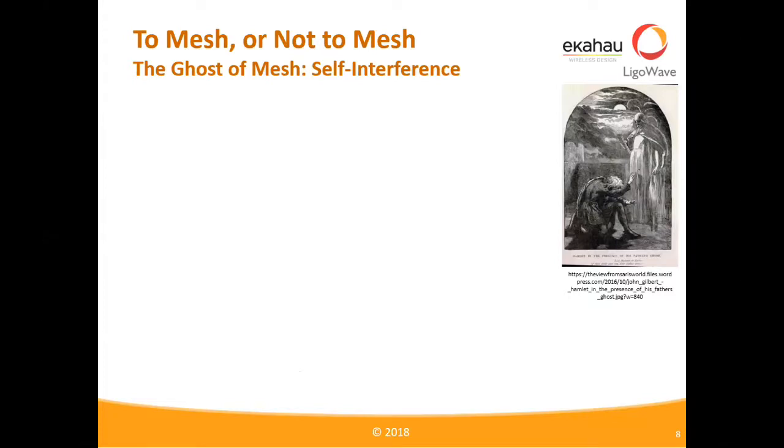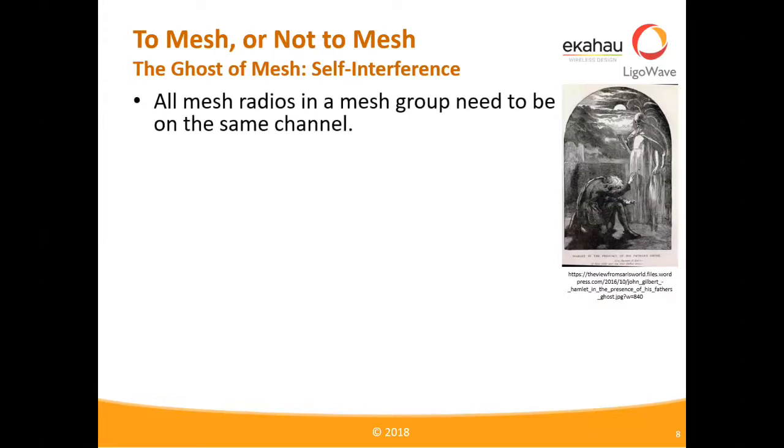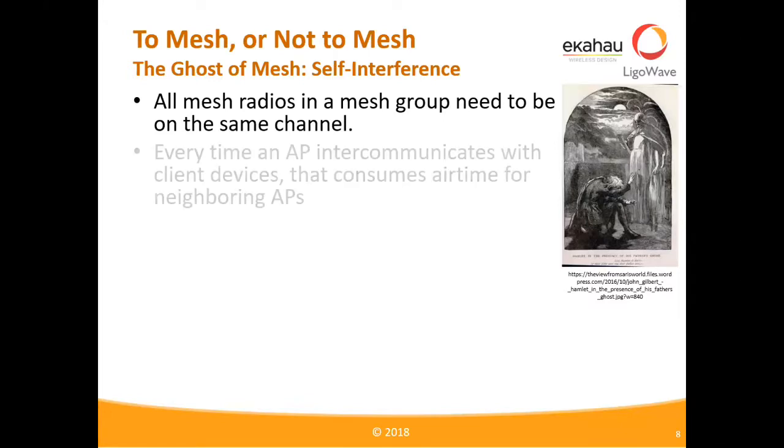Thank you. So let's talk about the ghost of mesh, self-interference. Mesh radios in a mesh group, or sometimes what we refer to as a cluster, where I have root APs and node APs, in order for them to communicate, just like an AP connecting to the client, they all have to be on the same channel.